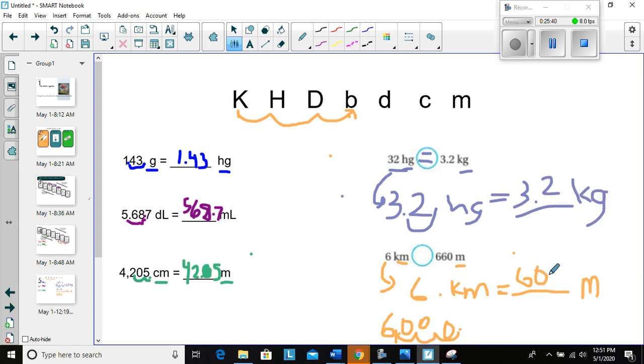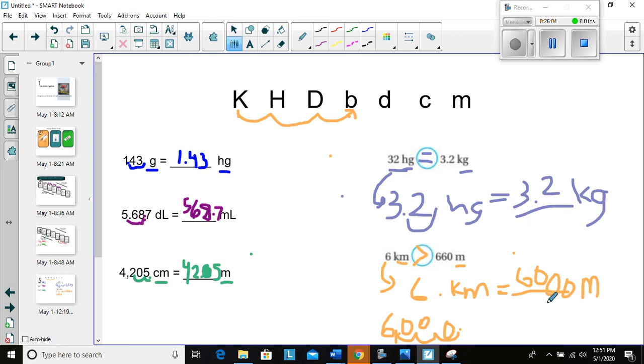So 6 kilometers is the same as 6,000 meters. So this side is 6,000 meters, and this side is only 660 meters. Which one's bigger? Yeah, the 6,000 is definitely bigger than 660. So we're going to make the mouth go towards the 6,000 section.